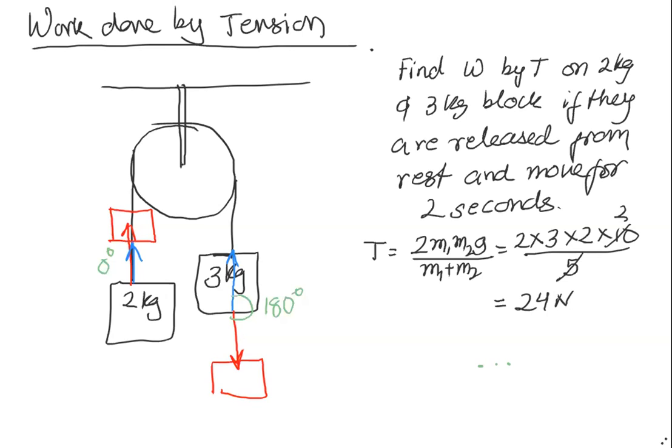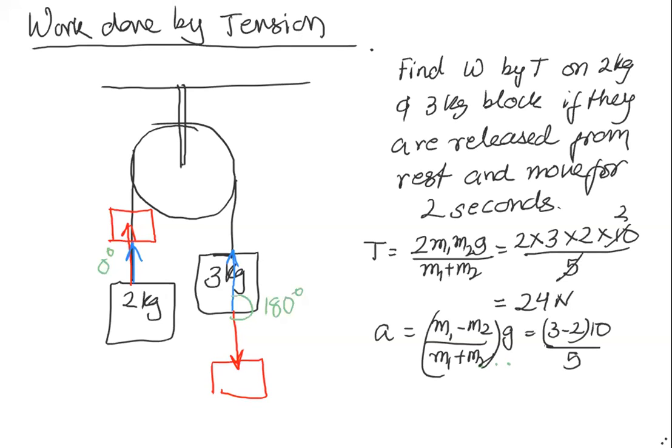The acceleration of an Atwood machine is given by m1 minus m2 upon m1 plus m2 into g, which will be equal to 3 minus 2 into 10 upon 5, which is equal to 2 meter per second square.